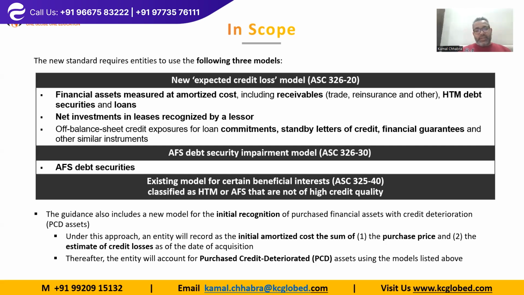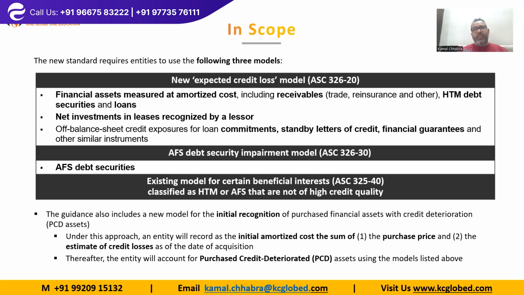Last one is the existing model of certain beneficial interests, which is ASC 325-40, classified as held-to-maturity or available-for-sale debt security that are not of high credit quality, is also covered in ASC 326.